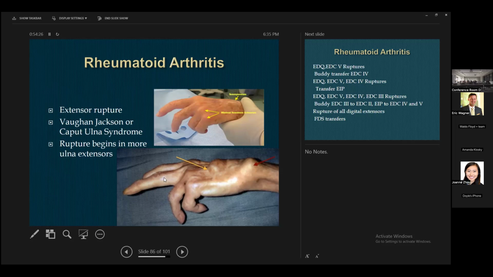Got an x-ray and her sigmoid notch was just washed out. When the first tendon goes, I've had patients come in like that, you book the surgery in 3 or 4 weeks and all of them are gone when they come back. So it's not an emergency, but it's urgent. When they start dropping tendons, hop on them. And you need to address the DRUJ.